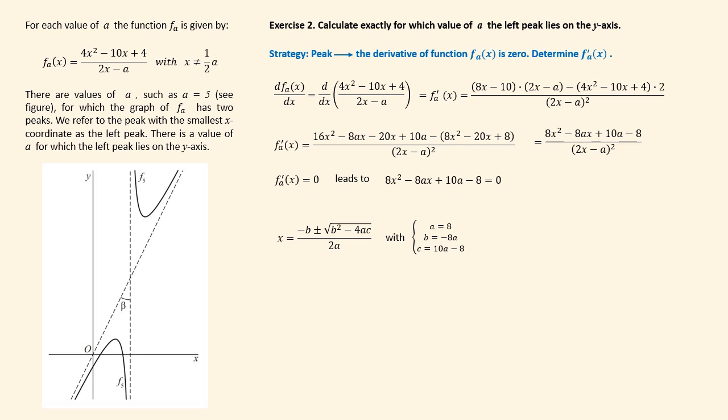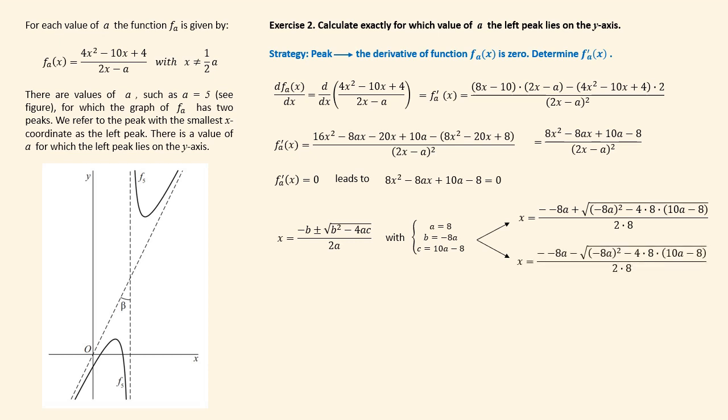Because of the plus minus in the expression for the ABC formula, there are 2 solutions here. The first one is minus 8a plus the square root, divided by 2a, which is 2 times 8. The second solution is minus 8a minus, and then again the same expression.